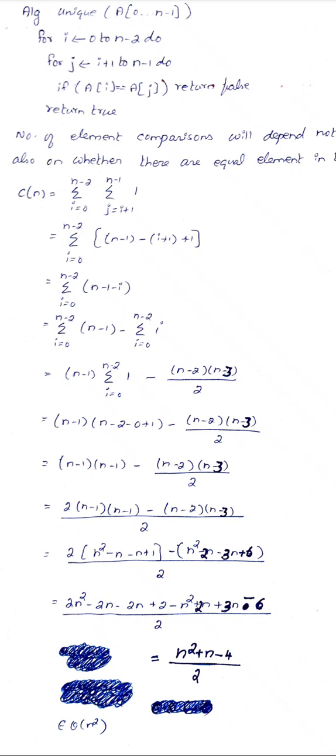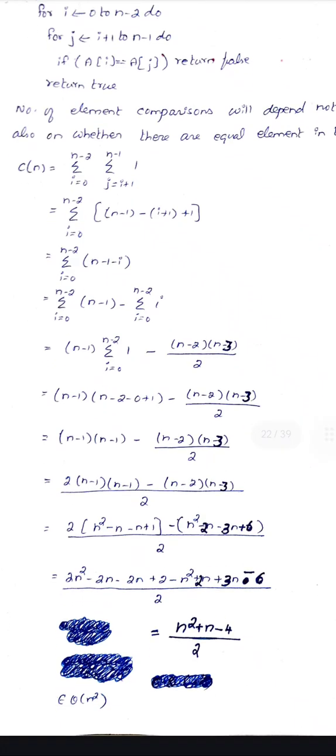Sigma I from 0 to n minus 2 of n minus 1 minus I, where we get n minus 2 minus 0 plus 1, then n minus 2 into n minus 3 by 2.